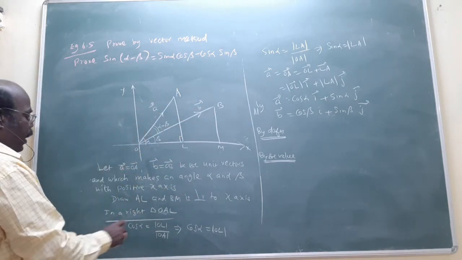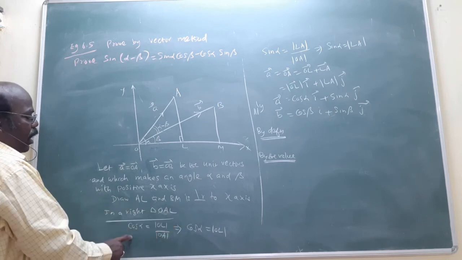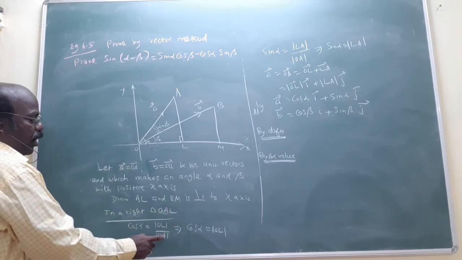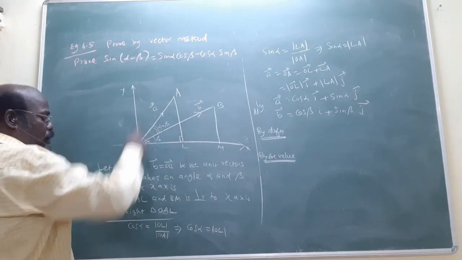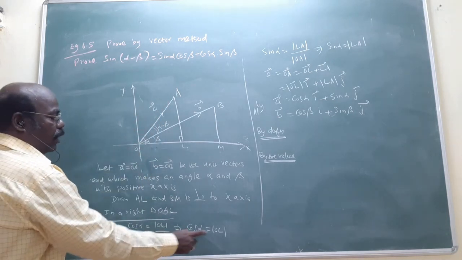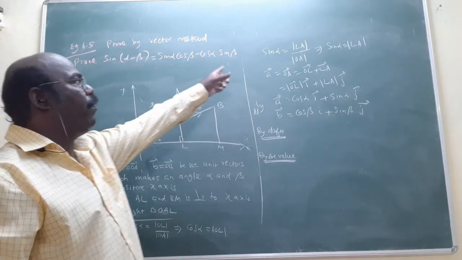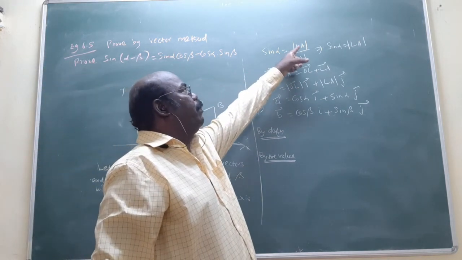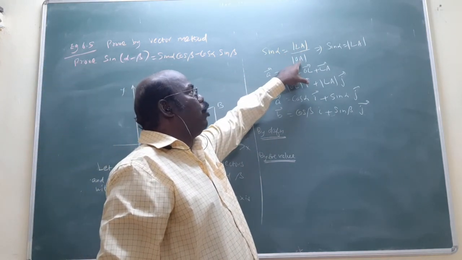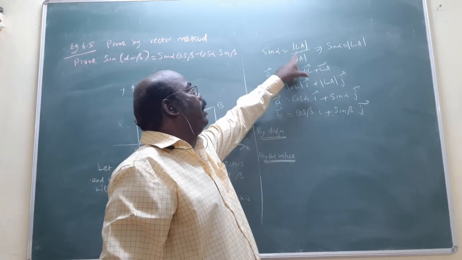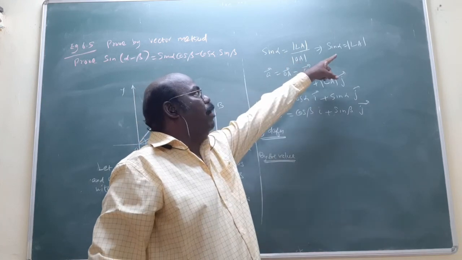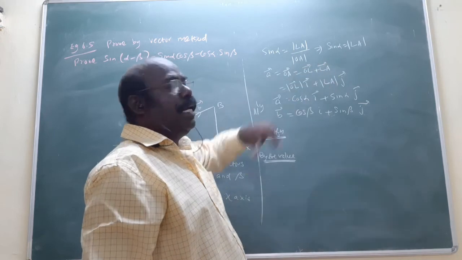Consider the first triangle, the right triangle OAL, cos alpha equal to adjacent by hypotenuse. OA is a unit vector, that is 1, need not write. Cos alpha equal to OL. Similarly, sin alpha equal to opposite by hypotenuse, also unit vector, so sin alpha equal to modulus of LA.